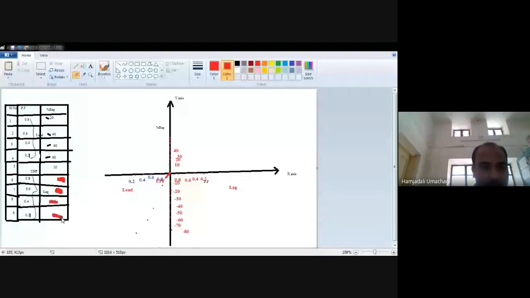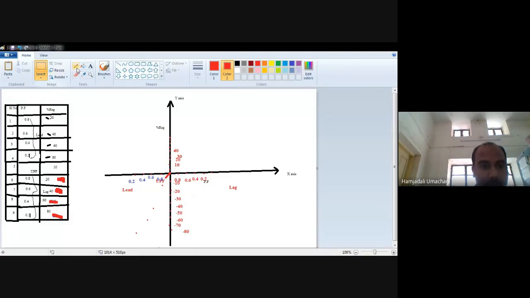This will be 20, you can take for your X. This will be 20, and this will be 40, this will be 60. All values will be positive for lagging power factor. But just for your explanation, I have these values here.